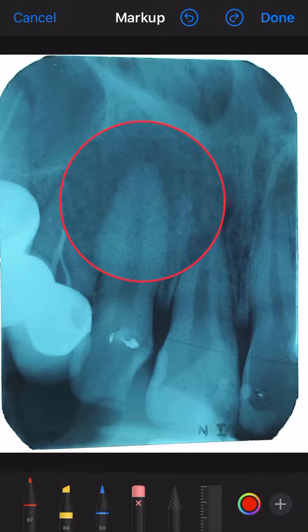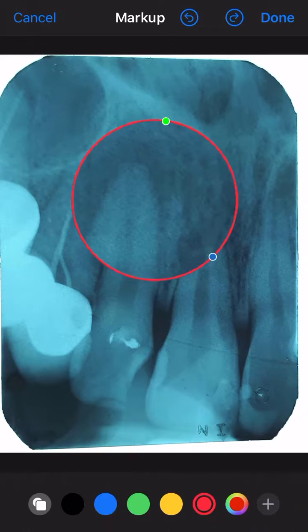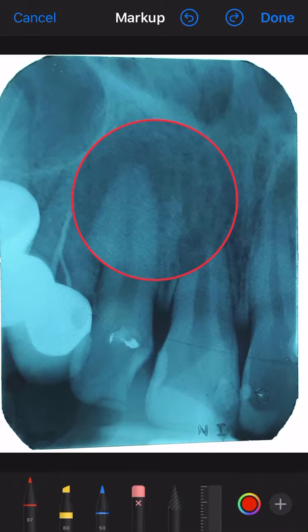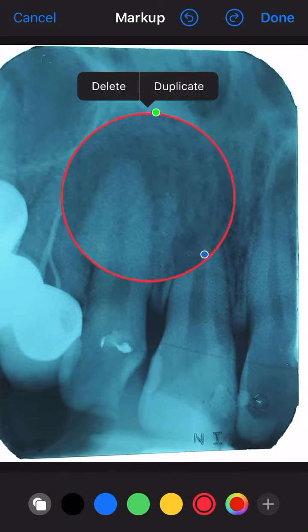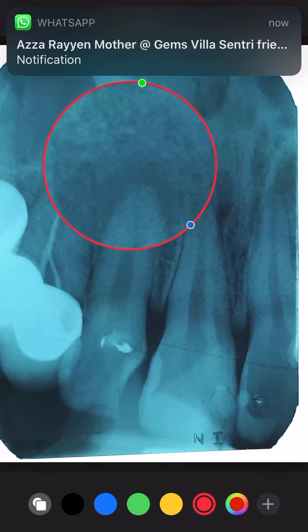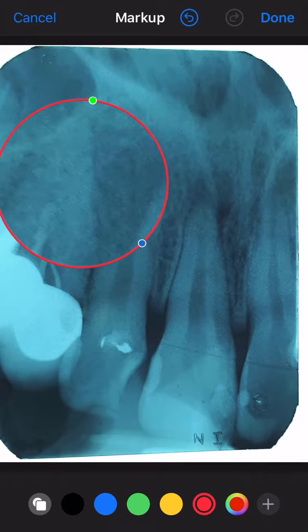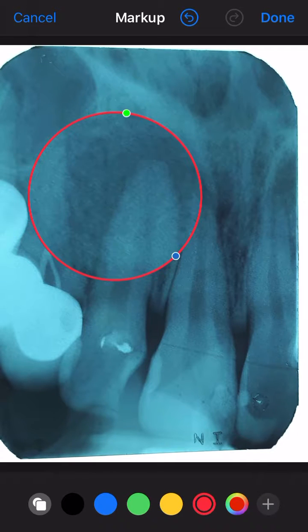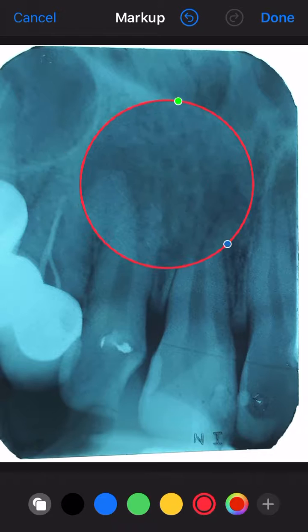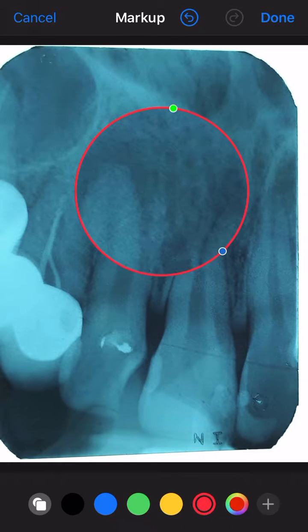So the radiolucency is in fact ill-defined, and it is extending up to the adjacent tooth, right? So what is your diagnosis? There are 3 teeth involved here. One of them is the central incisor.